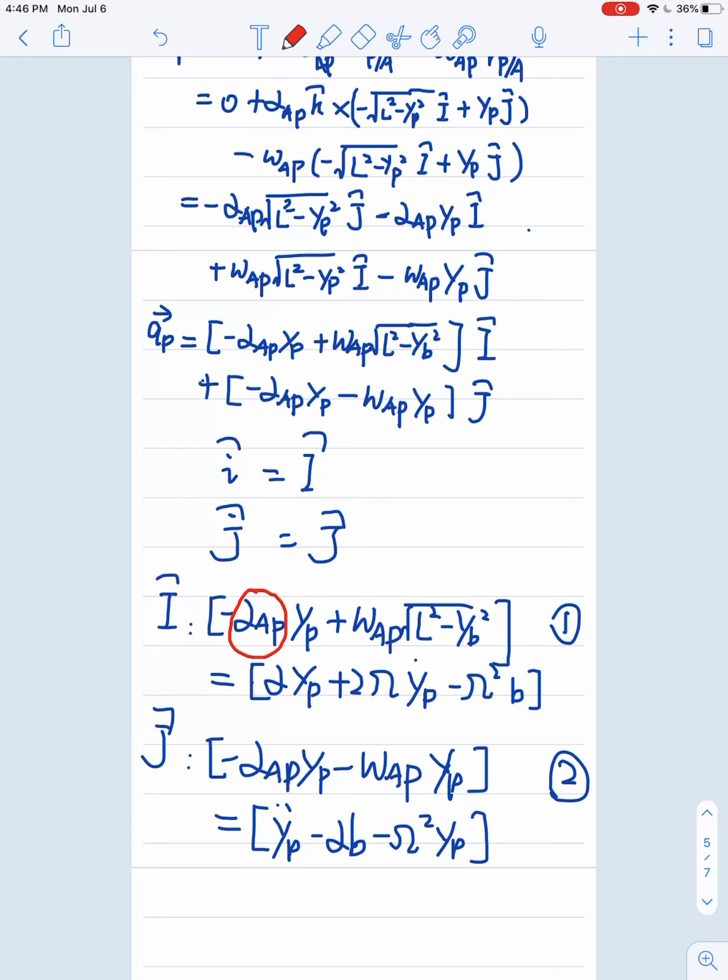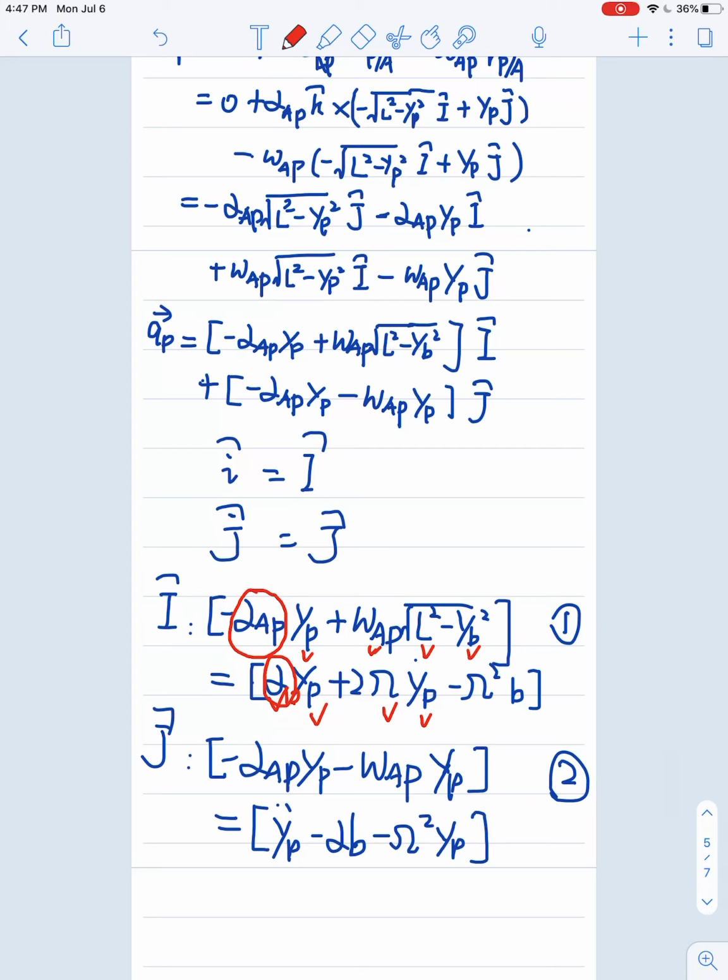So this is the only unknown we're looking for, and Vp is given, omega AP we solved, which equals omega, and we know L, we know YB. This is alpha AP, the unknown here.